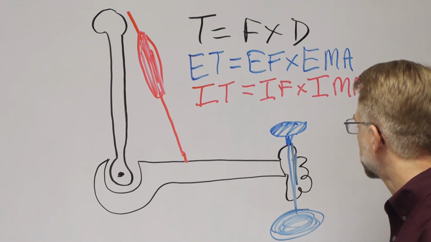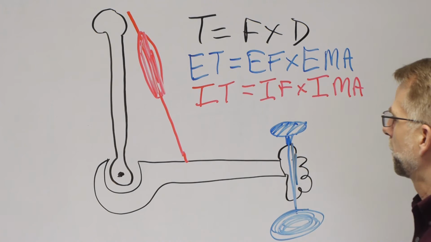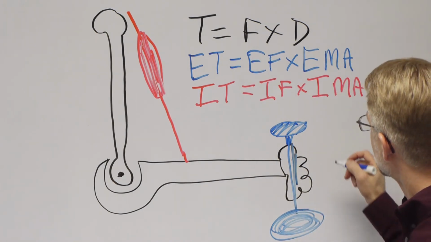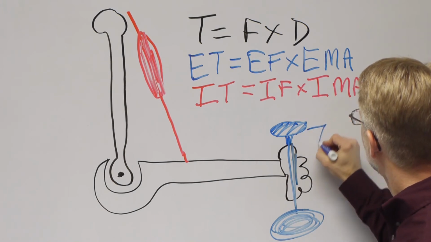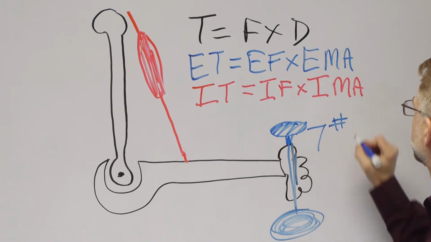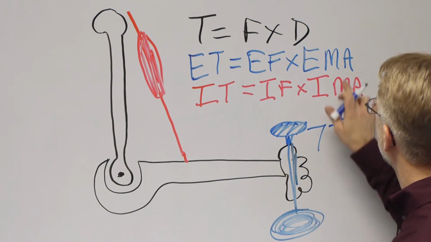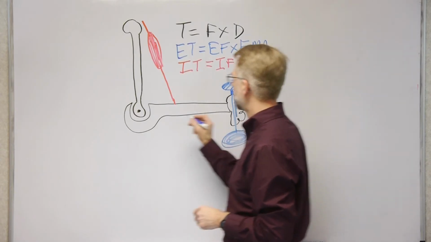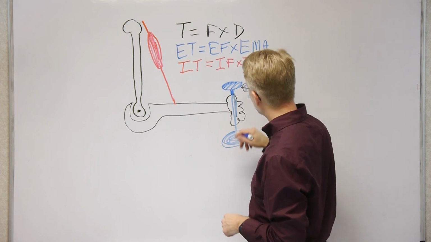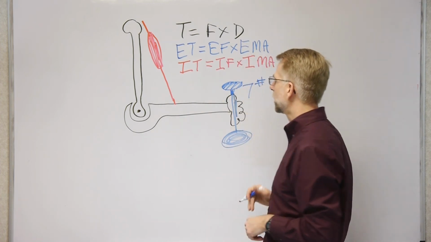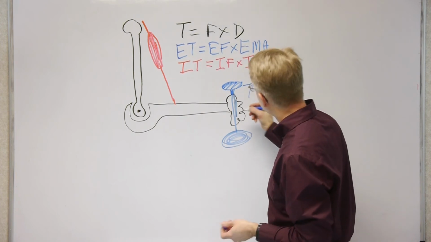So let's look at the external torque first. For the external torque, let's just say this is a 7-pound weight. And then for the external moment arm, we have to draw a line that is perpendicular to the force vector for this 7-pound weight to the axis. Well, the force vector is pretty easy.